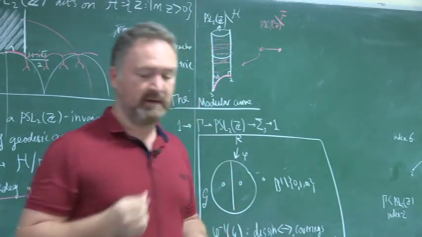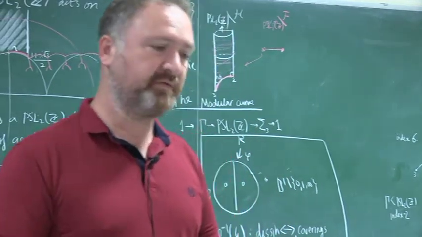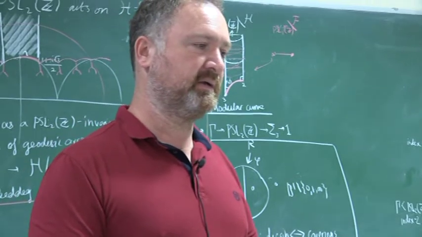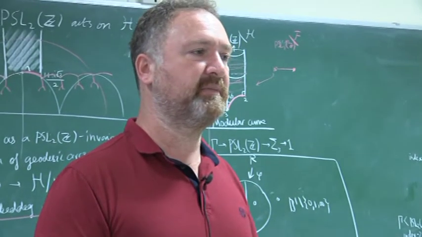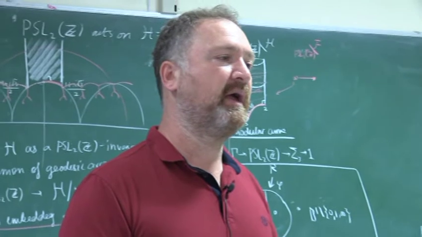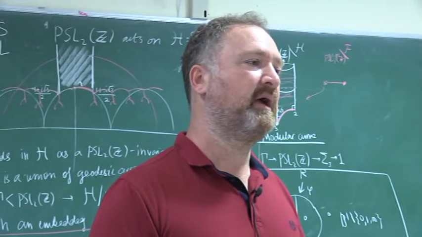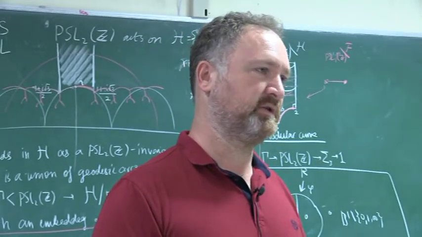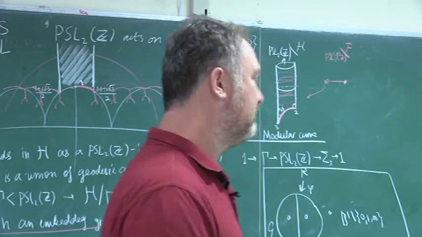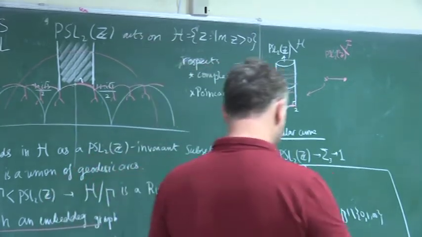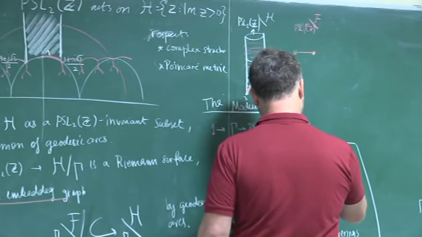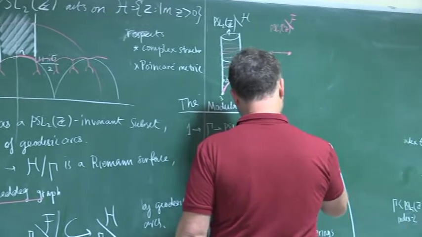Yeah, about the arithmetic. So there are some Riemann surfaces which can be defined over an algebraic number field, and those which cannot be defined over an algebraic number field. And there is a theorem of Belyi, which says the following.